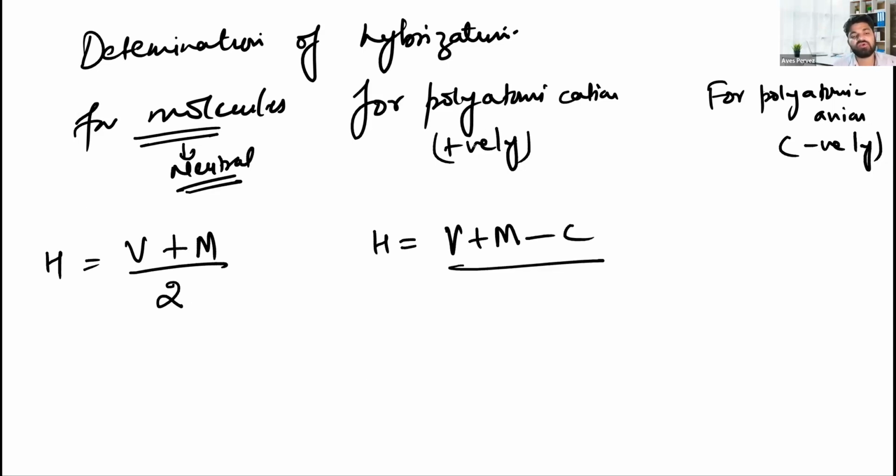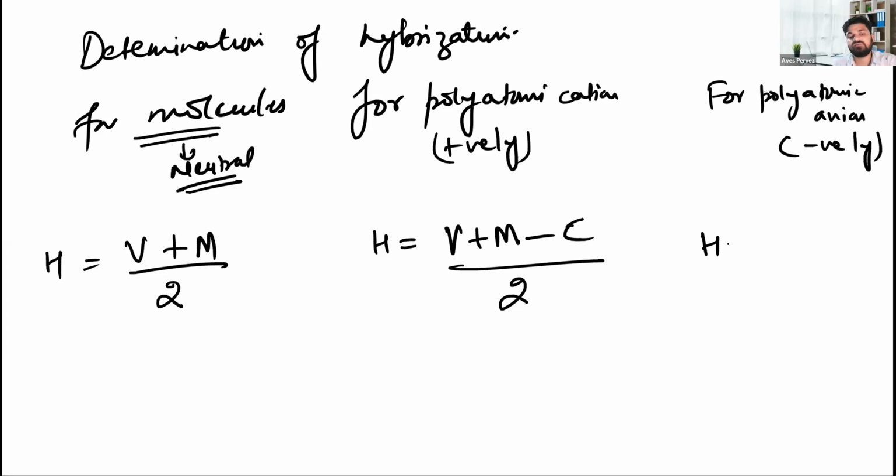When we have a positive charge, an electron has been donated, so we minus the charge. If an atom loses 2 electrons, it has 2 positive charge; if it loses 3 electrons, it has 3 positive charge. So we always minus the charge of the cation, divided by 2.